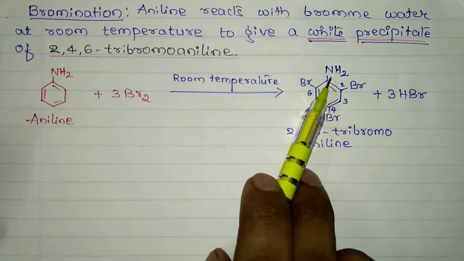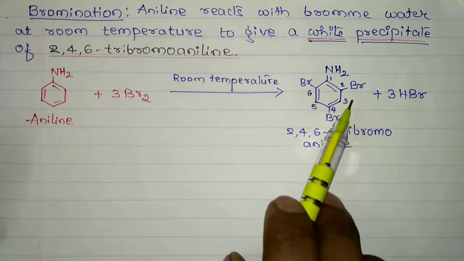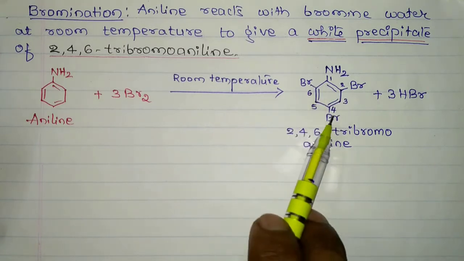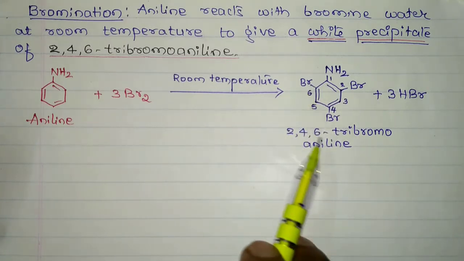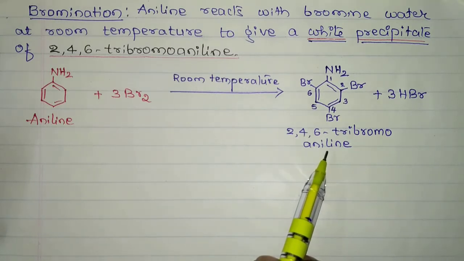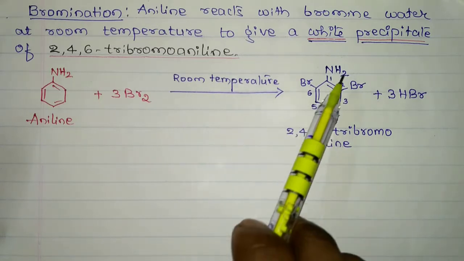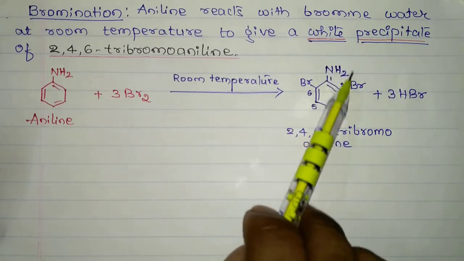As NH2 donates electrons to this benzene ring, electron density is more at the ortho as well as para positions. Hence, we are going to get the tribromo derivative, tribromoaniline. If you want to get only monobromoaniline, we have to deactivate this NH2 group.